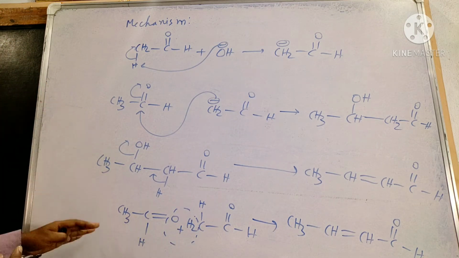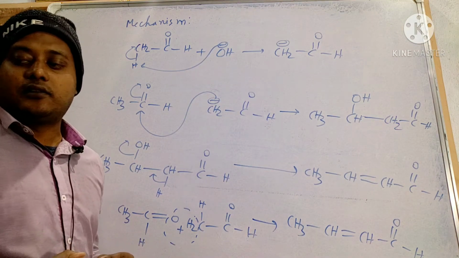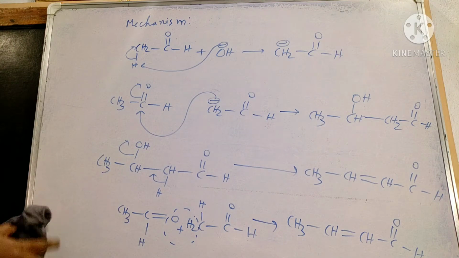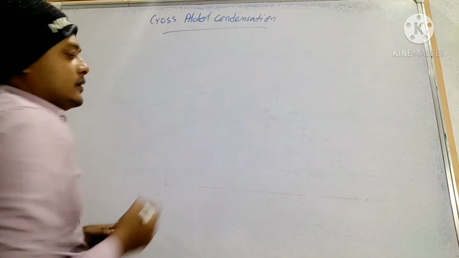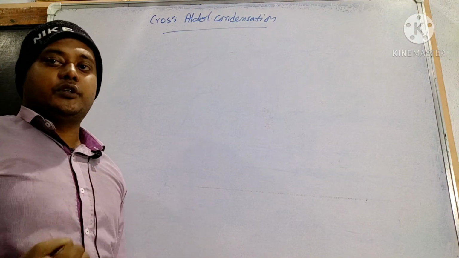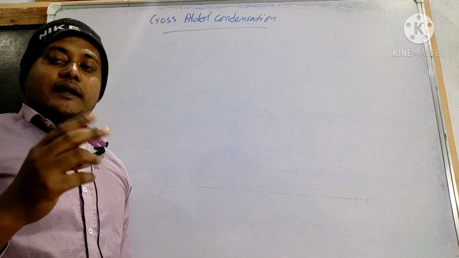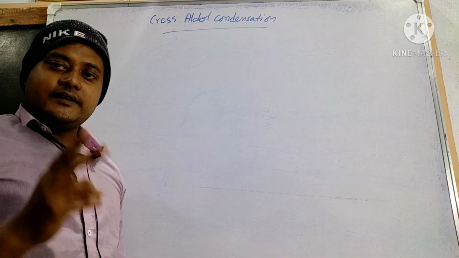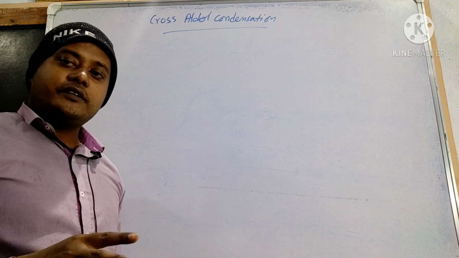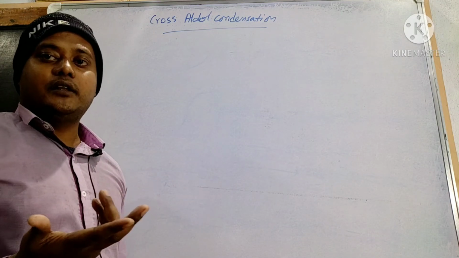Now up to this, self aldol. Next we will discuss cross aldol. Now in cross aldol condensation, what will be the number of products? It depends on whether, of the two different aldehydes or ketones, both contain alpha hydrogen, or only one contains alpha hydrogen and the other does not.